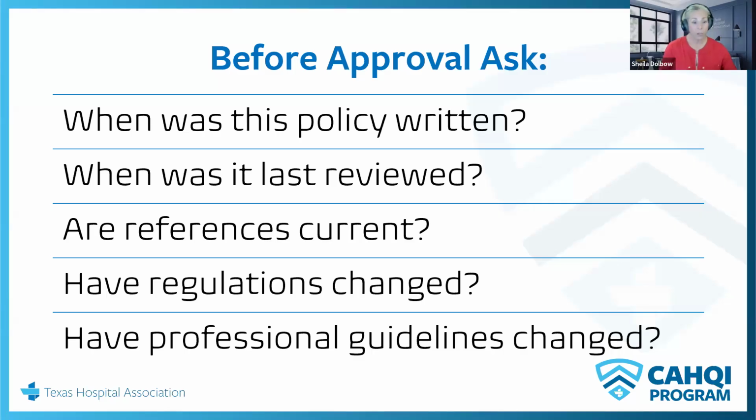So everything was made current. You still have to make sure that all the references are current, that none of the regulations have changed in that time. And again, going back to the example of COVID, that was such a fluid situation. And as rapidly as things were coming out in terms of best practice, they were changing. And so this was something we had to stay on top of on a regular basis.